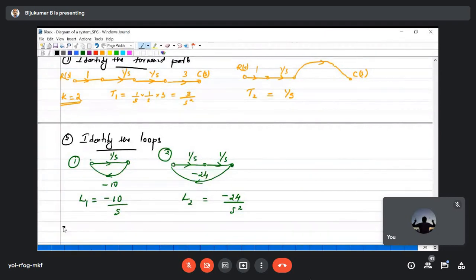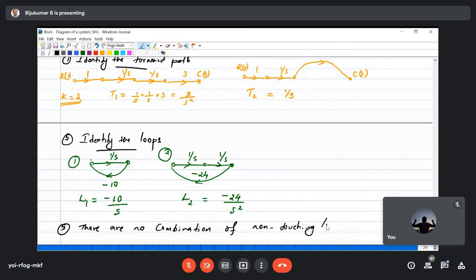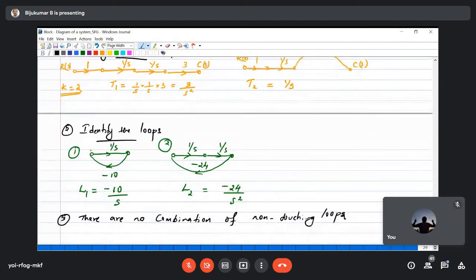No, right? Because we are having only two loops, and those two loops have common nodes. They are touching each other. So we can write there are no combinations of non-touching loops. Right? So we got all the things.